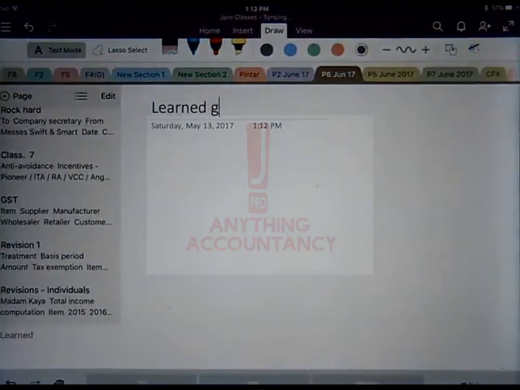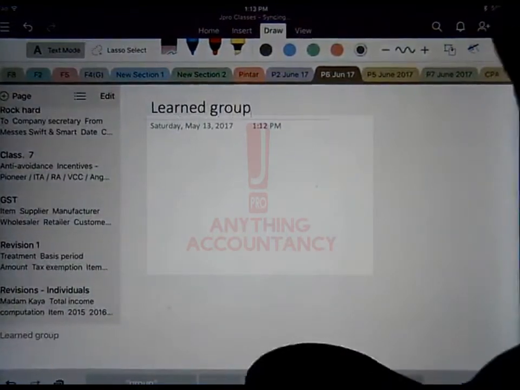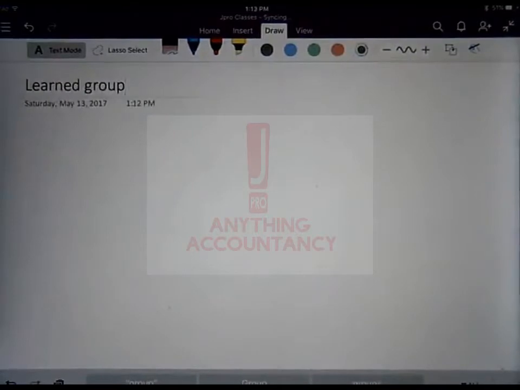So we're looking at the Learned group, okay, and I've already told you this is very possible this time. This is something you should take very seriously, this idea of acquisition as well as the idea of group relief, okay, because it's overdue.